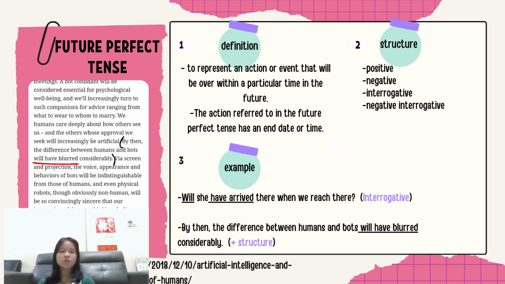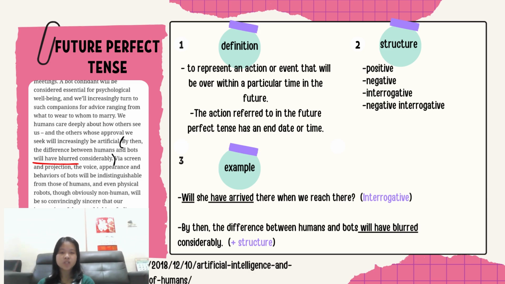And now we'll move on to the example of sentences for the future perfect tense. So the first example is the example for the interrogative structure of future perfect tense. Will she have arrived there when we reach there?